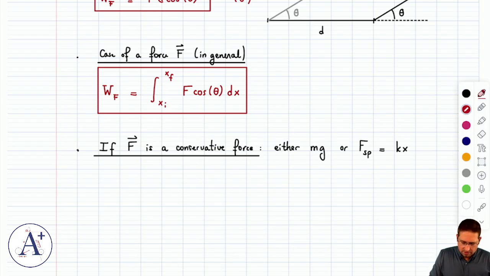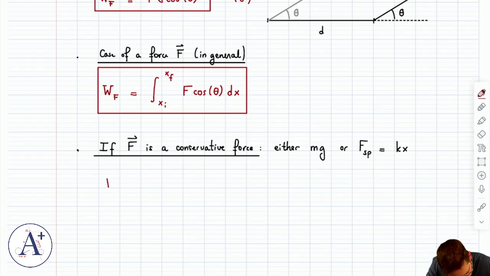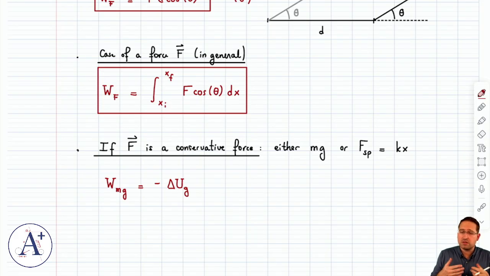In that case, if you're trying to compute the work done by the weight force, mg, by property of being a conservative force, it's minus the change in the corresponding potential energy, which is the gravitational potential energy, mgh. Where does mgh come from? It comes from mg. It is the potential energy associated with this force, and because there's this relationship between the two, that's what makes it a conservative force.